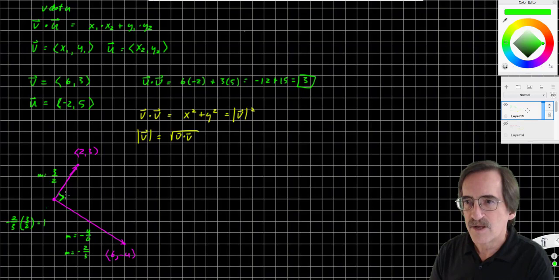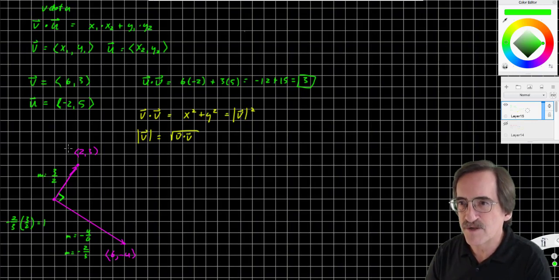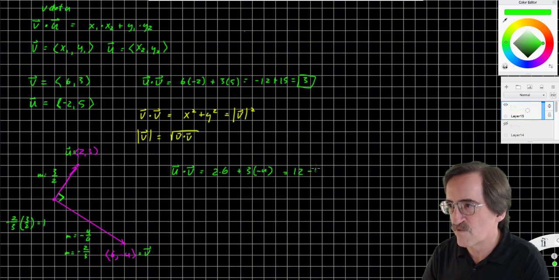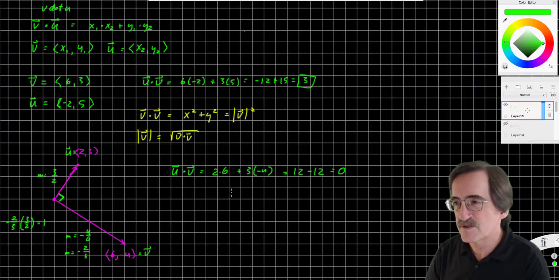Okay, now let's look at what happens to the dot product. Let's call this U and this V. Okay, so U dot V is going to be 2 times 6 plus 3 times negative 4. 2 times 6 is 12. 3 times negative 4 is -12. 12 minus 12 is 0. And so this isn't in this lesson, but it is in a future lesson.